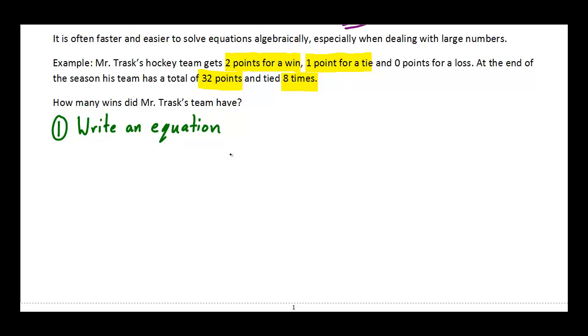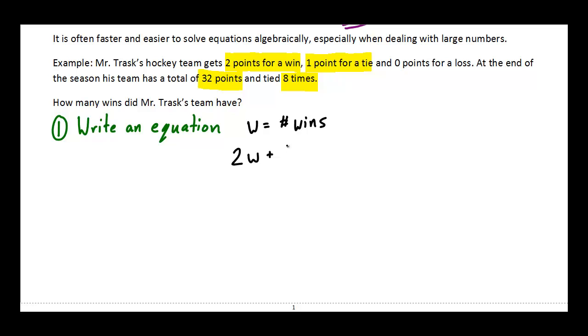We know we ended up with a total of 32 points, and I'm getting 2 points per win. So I'm going to let W equal the number of wins. I don't know how many that is, but that's going to be my variable. If I win, then I get 2 points for every win, so that would be 2 times W. You can see here I also tied 8 times, and each tie is worth 1 point.